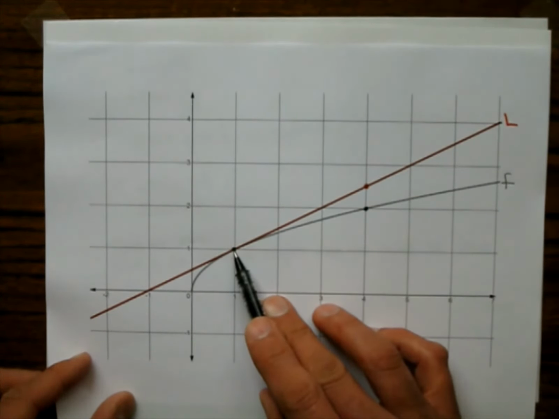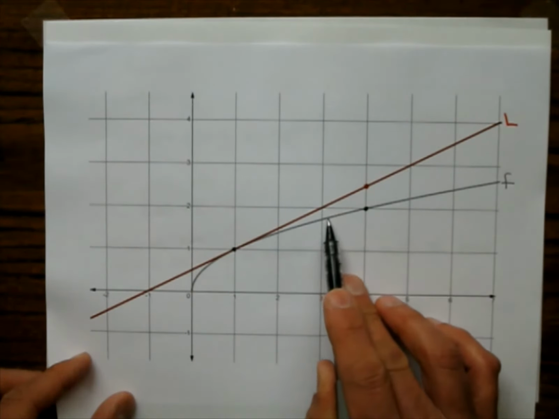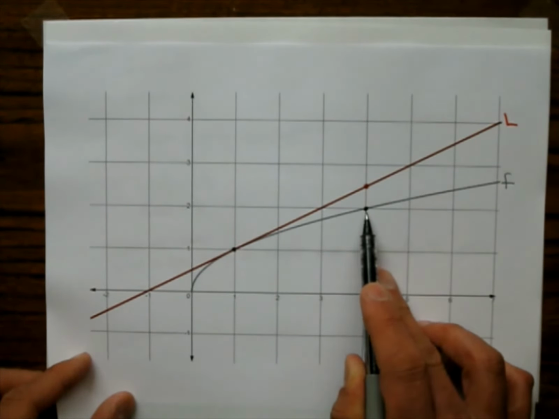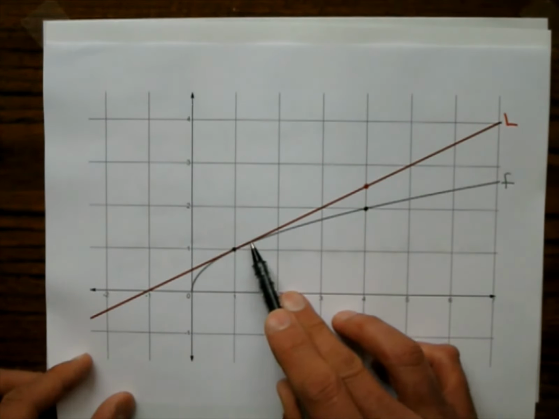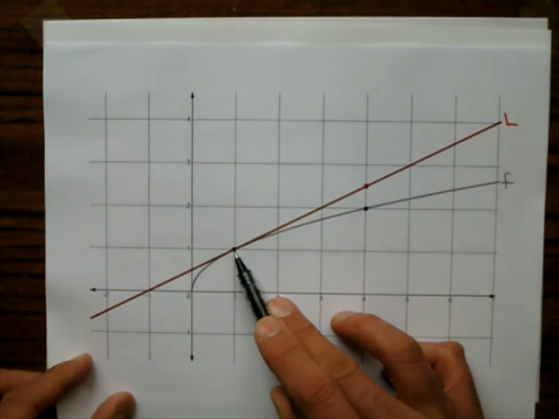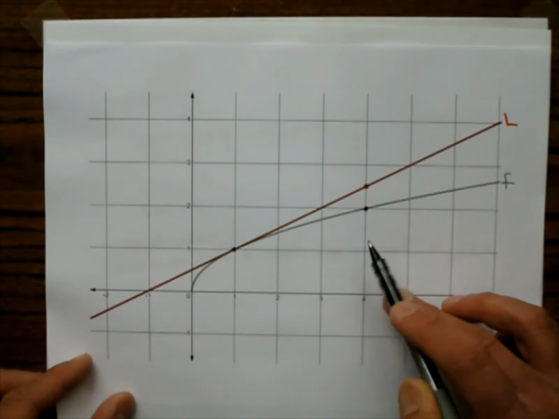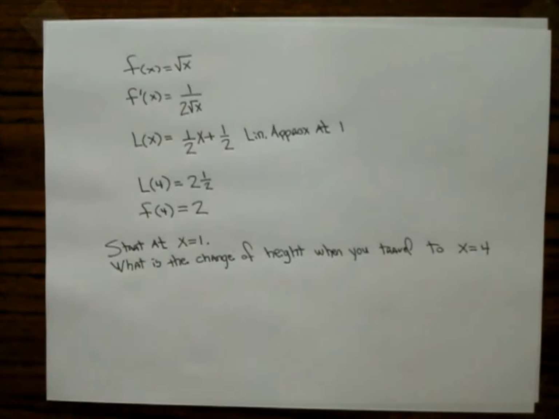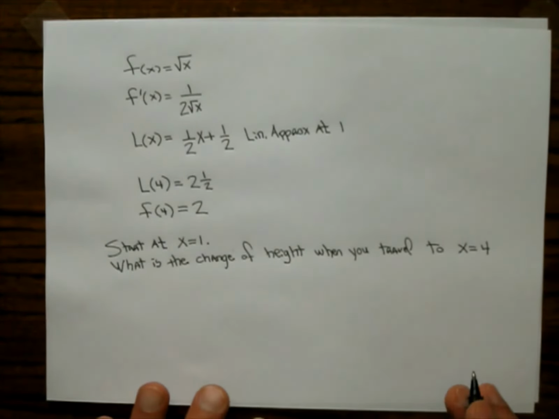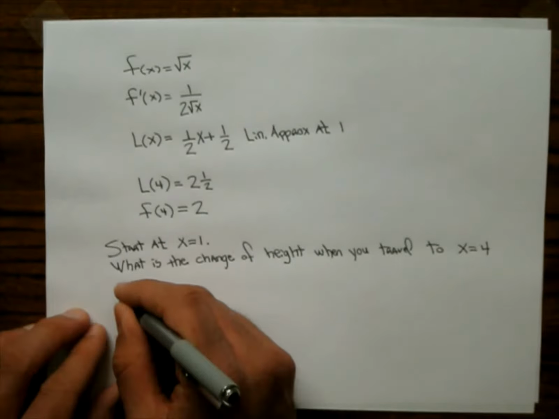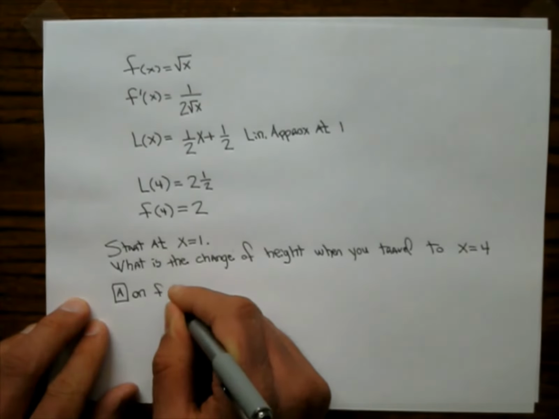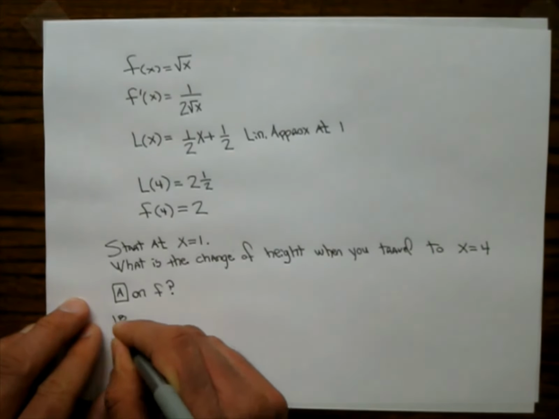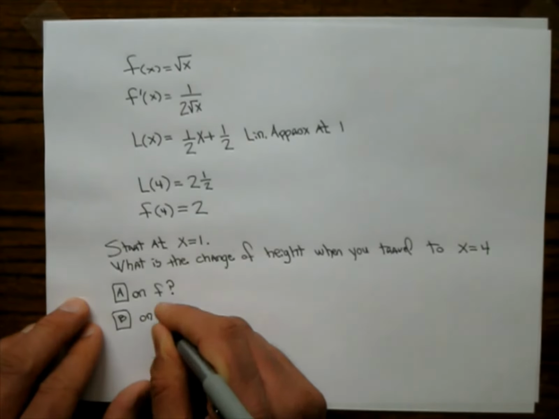Now, it all depends what you're traveling on. You could be traveling on the original curve, in which your change of height is 1. Or you could be traveling on the linear approximation, which the change of the height, how high did you go from here to here, this red point, would be 1.5. So basically, when I ask you the change of height, what is the change when you travel to x equals 4, part A would be on f, and then part B would be on L.